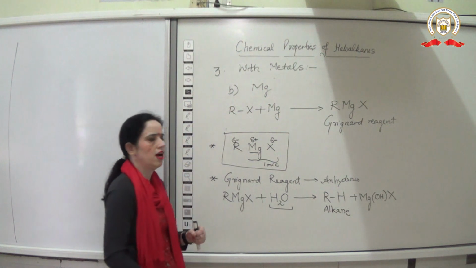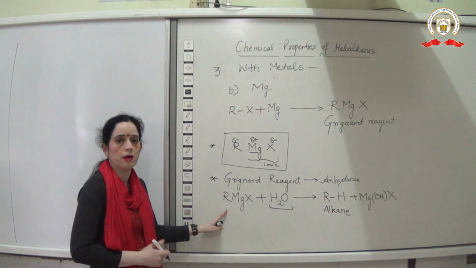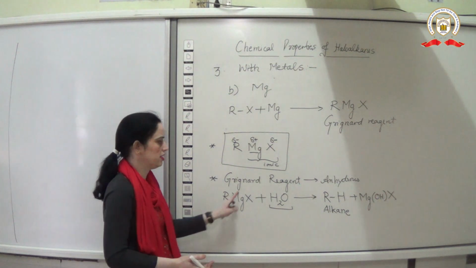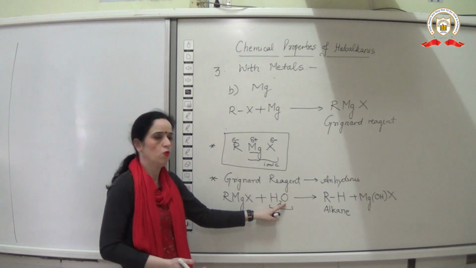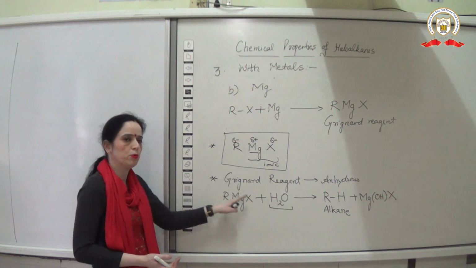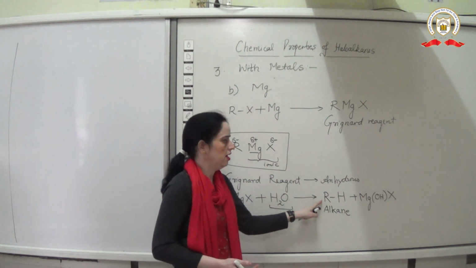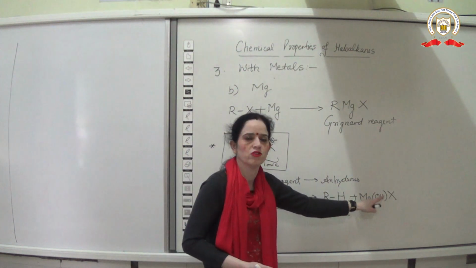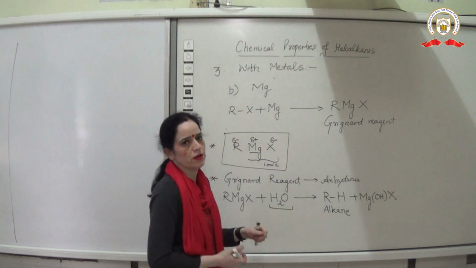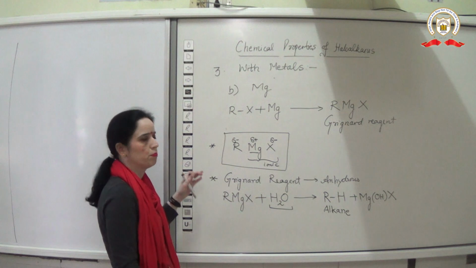So why should Grignard reagent be kept anhydrous? Otherwise it would react with water, a protic solvent, which would give H, a proton, to the R part, forming alkane along with magnesium hydroxy halide. So in spite of getting the Grignard reagent, we will be getting alkane as the product.